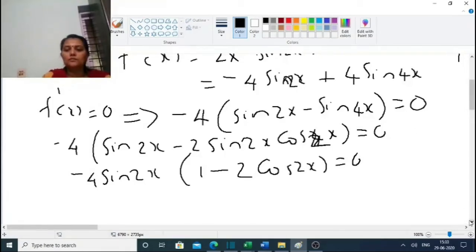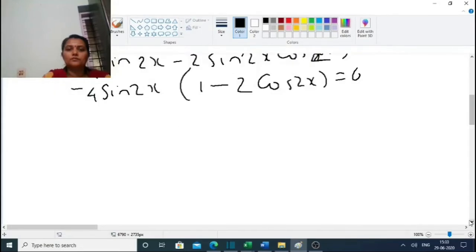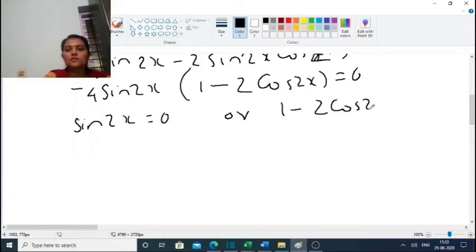So sin 2x into 1 minus 2 cos 2x equal to 0, so either sin 2x equal to 0, or 1 minus 2 cos 2x equal to 0. Sin 2x equal to 0 when x equal to 0, pi and 2 pi.